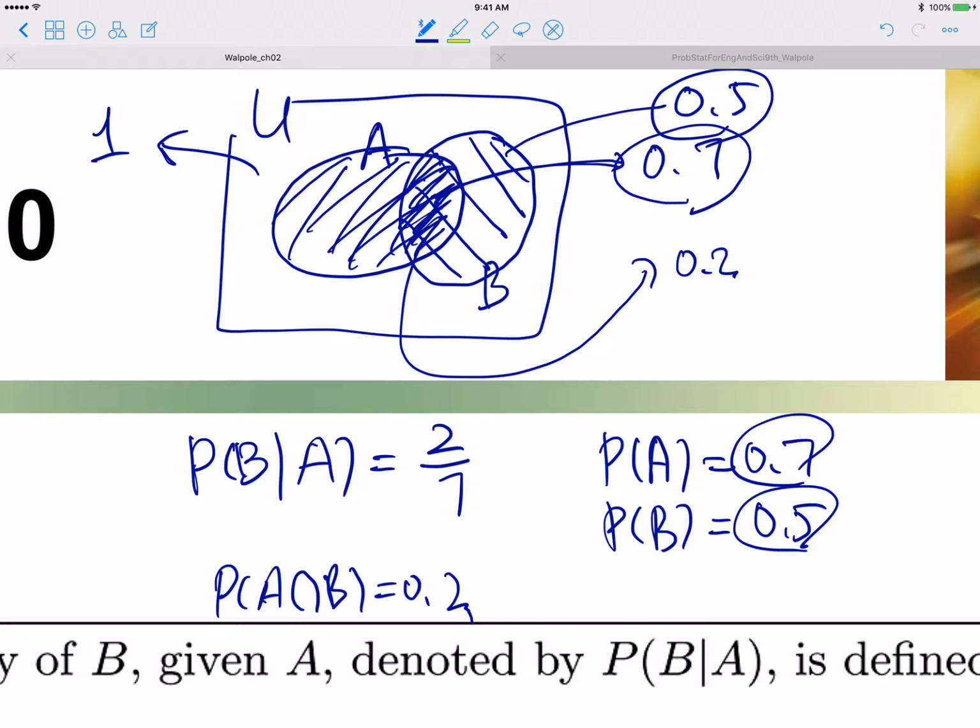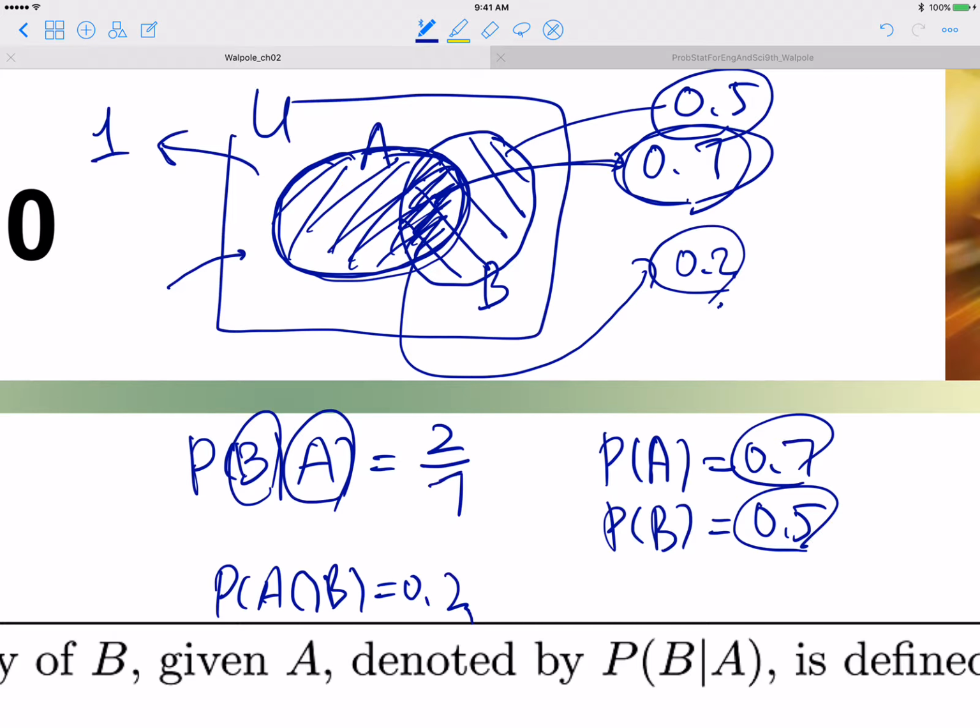Yeah, that is right. In this case, we consider A already happened, right? So we do not consider any of the cases outside of A. So 0.7 becomes our universe. Out of this universe of 0.7, the probability of B happening is only 0.2.